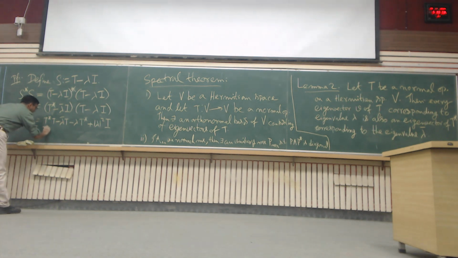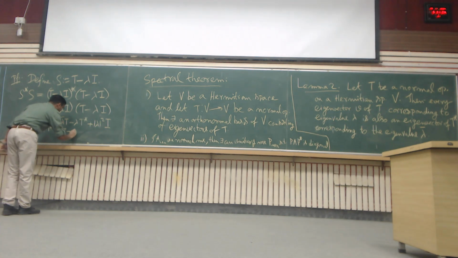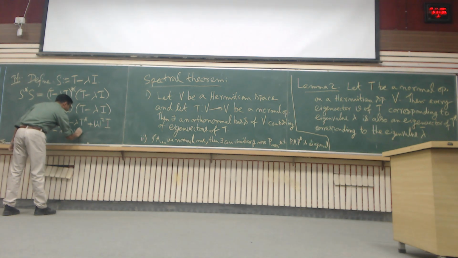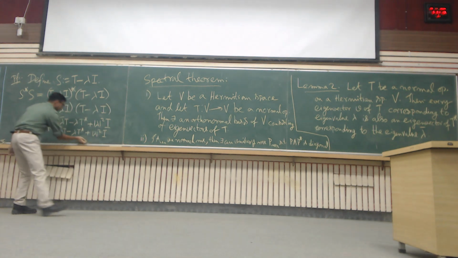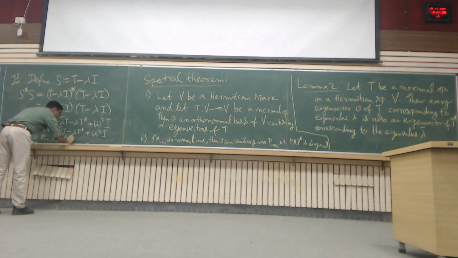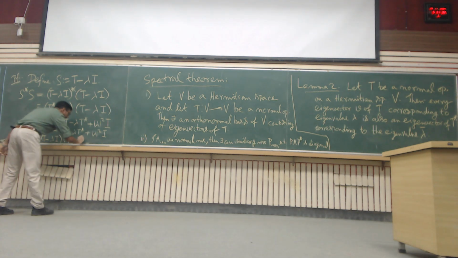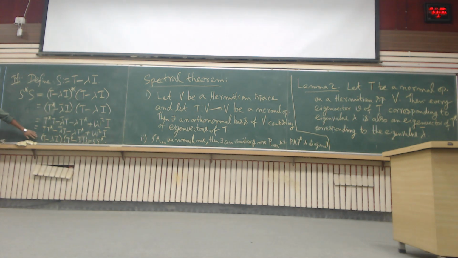So that is equal to T T star minus lambda bar T minus lambda T star plus lambda squared I. And then this just becomes T minus lambda I times T star minus lambda bar I, that is S S star.